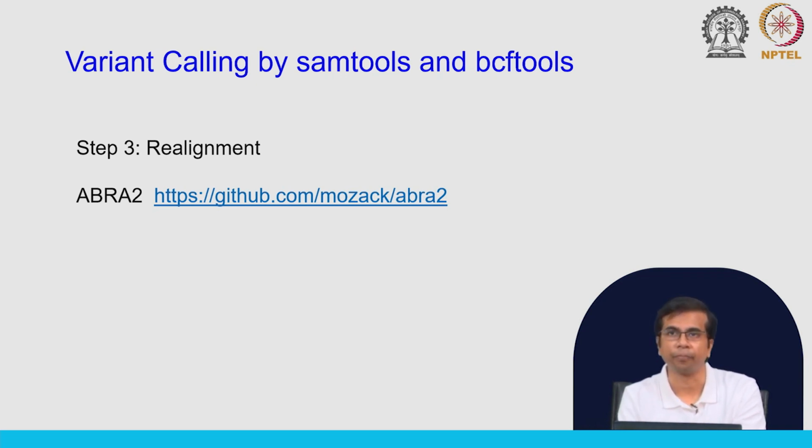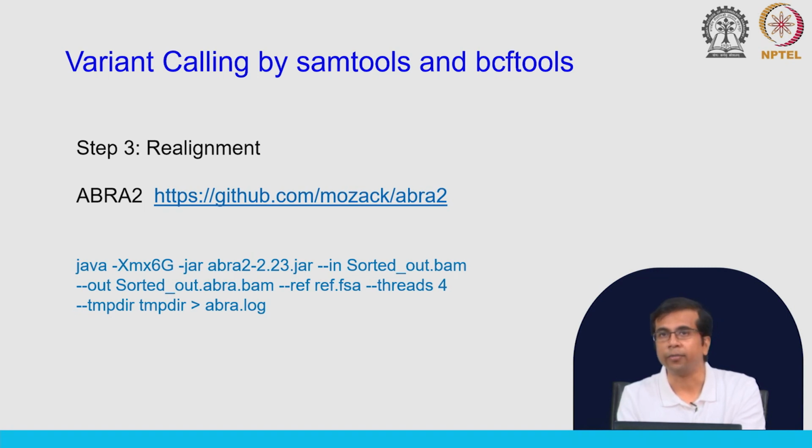It requires Java, and this is the command that we will use. Again, I will explain what this command actually means, and we will run it. I have compiled this because it will be much faster to complete this process. You can find out what each of these options mean, and I can show you their GitHub page where these commands are also given, how you should run this command.